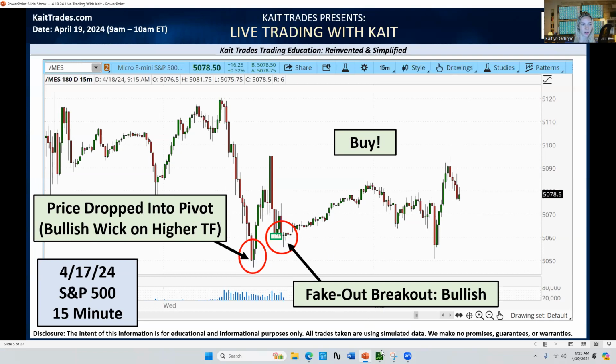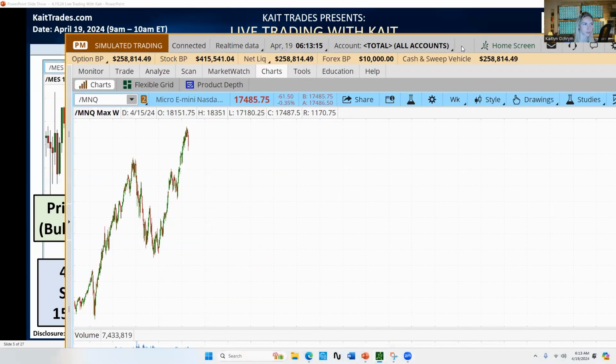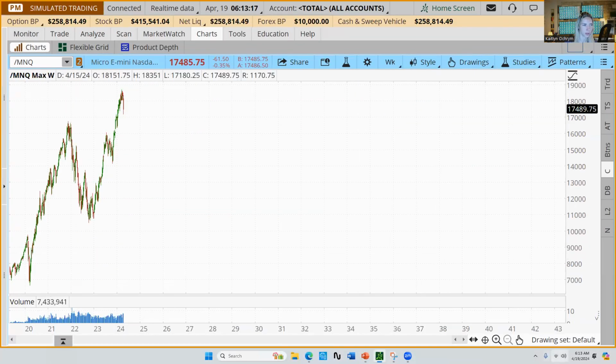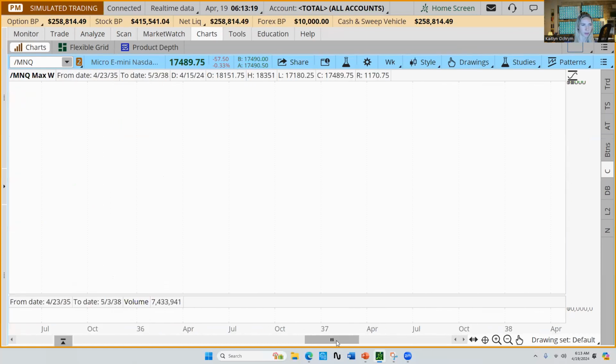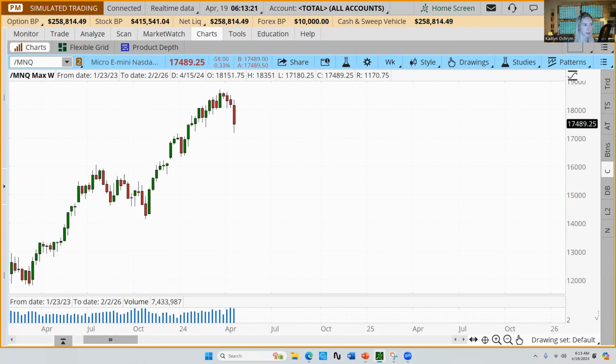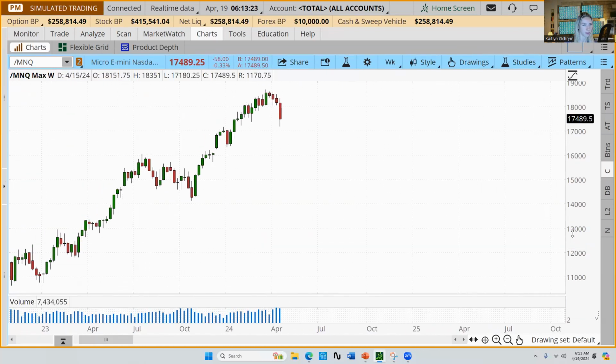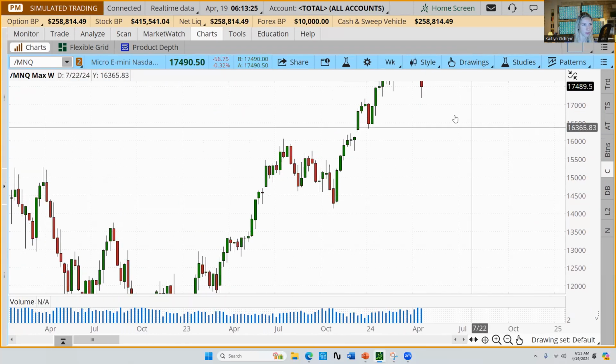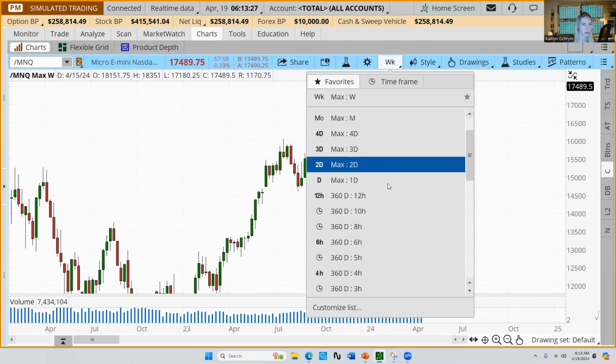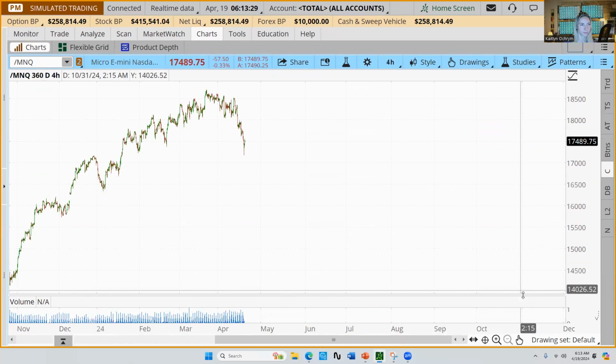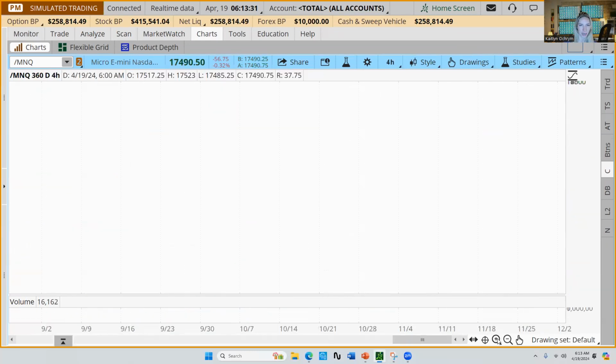So if you take those pivot points, let me go out for a moment just to do an example. See what I was looking at. Let's do, I'm just going to grab a 4-hour for an example.